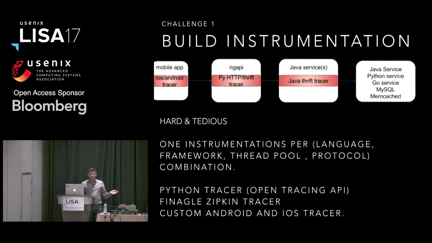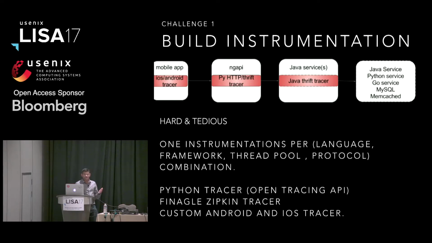It can trace requests over HTTP and thrift, and it also takes care of instrumenting the Memcache protocol and MySQL protocol. If you have multiple threads or thread pools, it actually traces through those threads and thread pools. It's an excellent tracer. So for Java, that solved our problem.